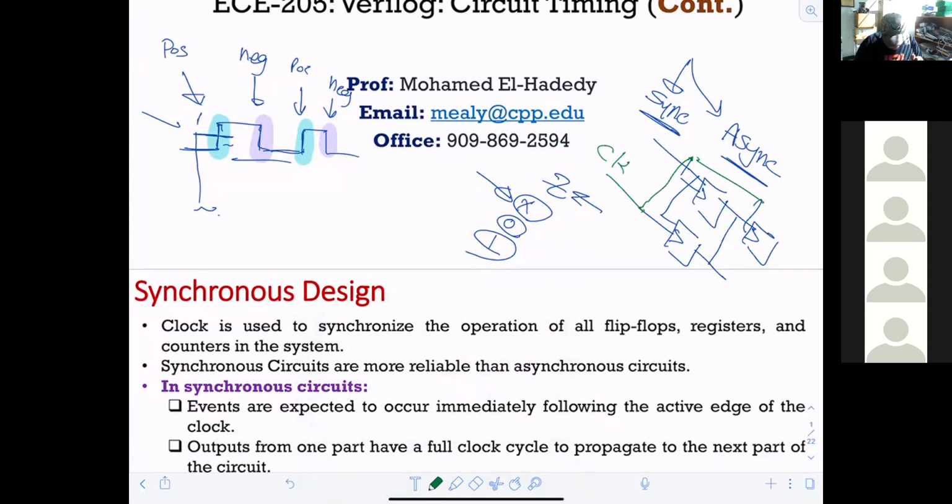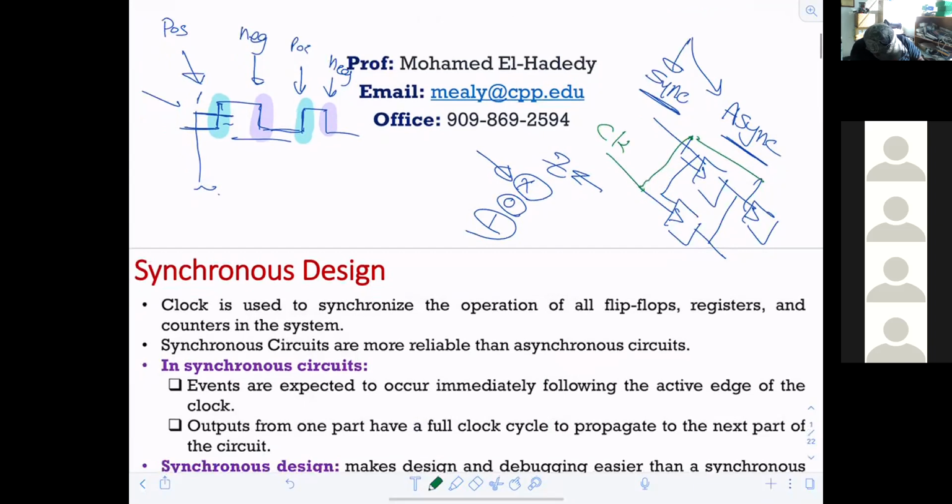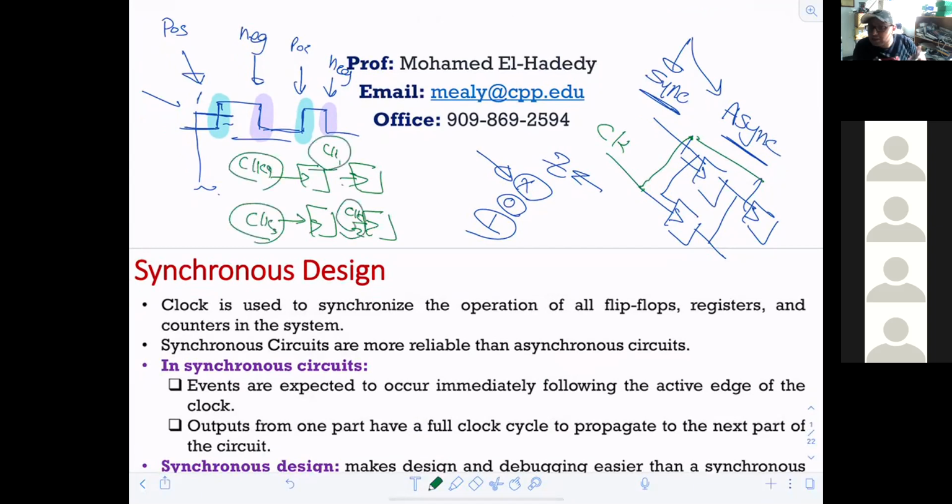Yes. Okay. But if any of them or all of them are running in a different clock system, that's called what? Multi-clock domains. Again, if I have this flip-flop and this flip-flop and another flip-flop and another flip-flop, and this is connected to clock 1, this is clock 2, this is clock 3, and this is clock 4, then I built up something called what?